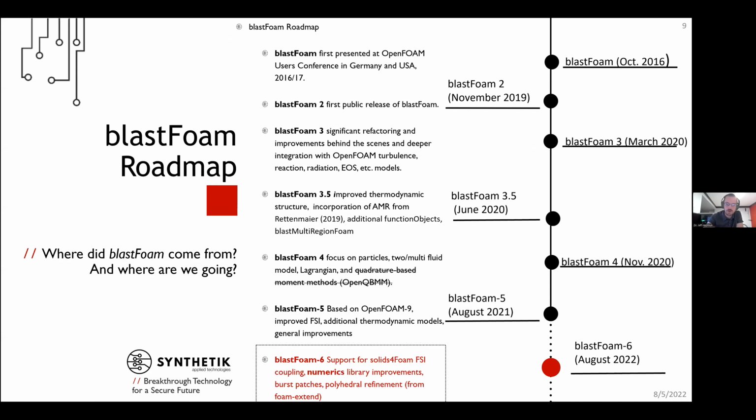We've done a fair amount of work with adaptive mesh refinement, primarily porting from Rettenmaier 2019. This includes 2D and 2D axisymmetric adaptive mesh refinement with load balancing, some more of that Euler type two-phase or multi-phase models. And more recently, we've been getting into fluid structure interaction and some coupling to other external codes.